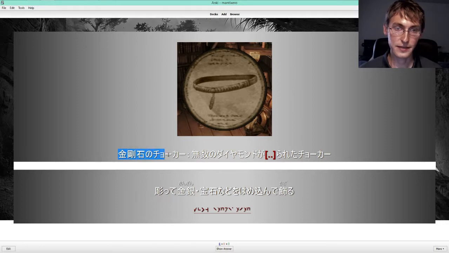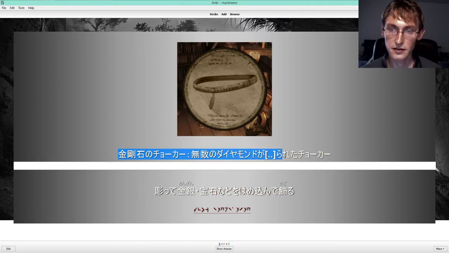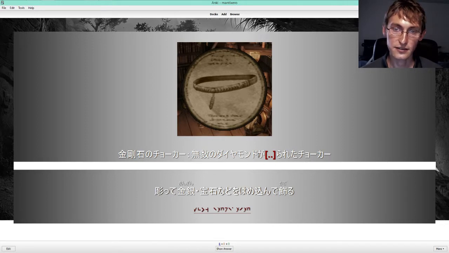So I'll just read them out loud and type in what I think the answer is, and we'll see how good I can do. So this is 金剛石の超過、無数のダイヤモンドが something something られた超過. So there's countless diamonds, I think, set in this choker, this diamond choker. Now that set word had a really crazy kanji.